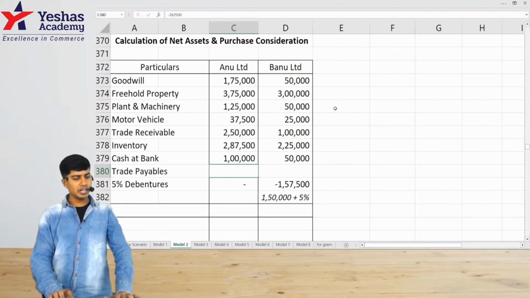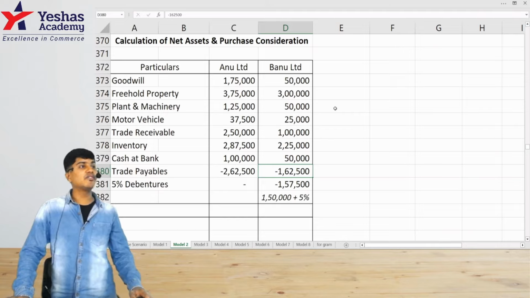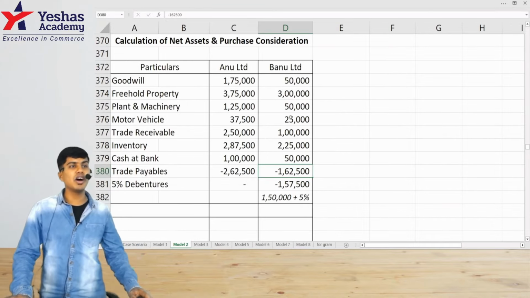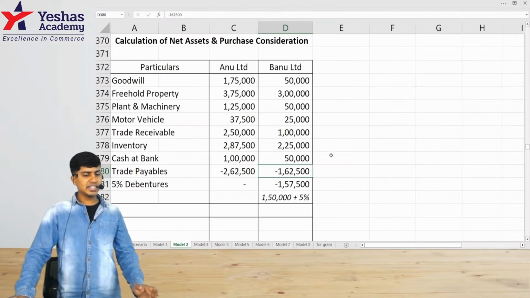262,500, 162,500. There is a change in the value of assets. Amalgamation is in the nature of purchase. Don't transfer reserves and surplus and share capital. That's it. All the assets and liabilities are taken.